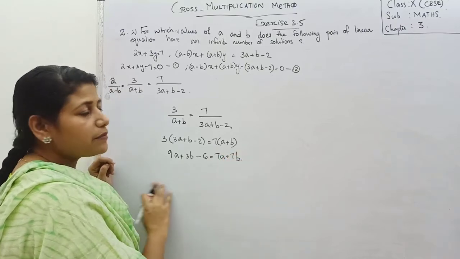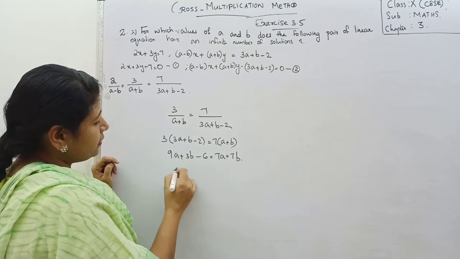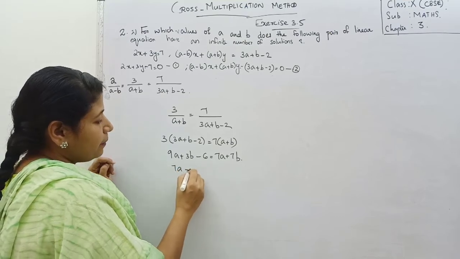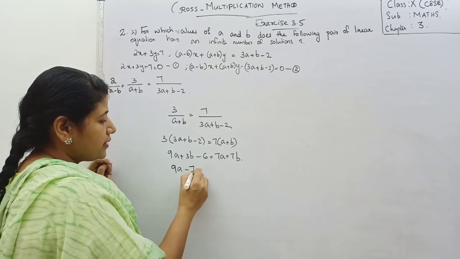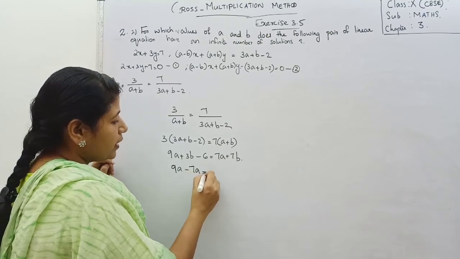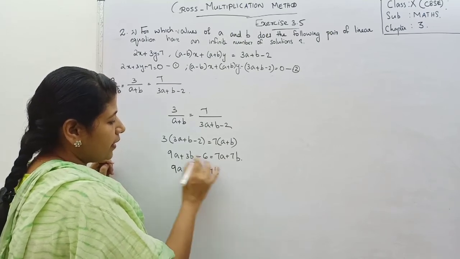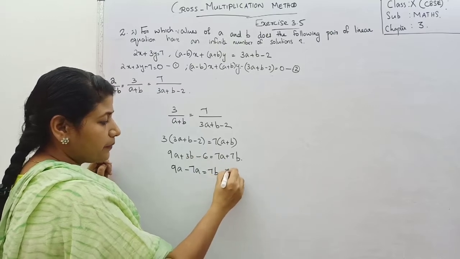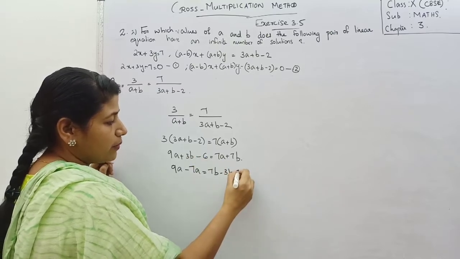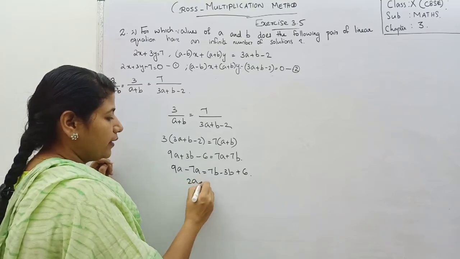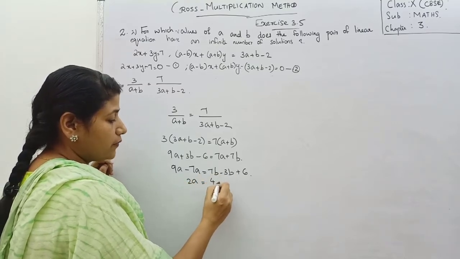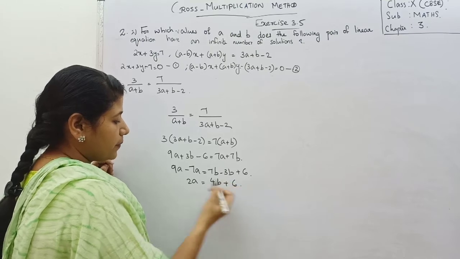Taking the like terms to the same side, you will get 9a minus 7a equal to 7b minus 3b, and this minus 6 will become plus 6. 9a minus 7a is 2a, 7 minus 3 is 4b, plus 6.